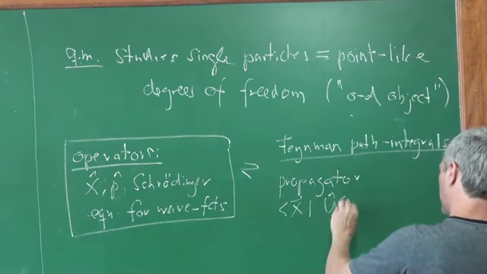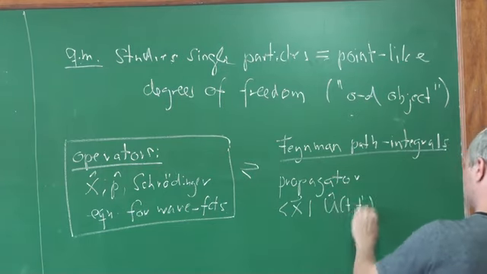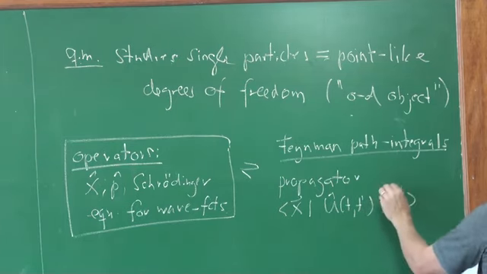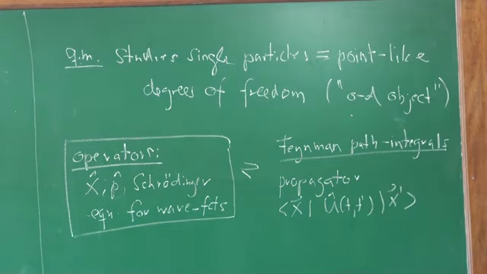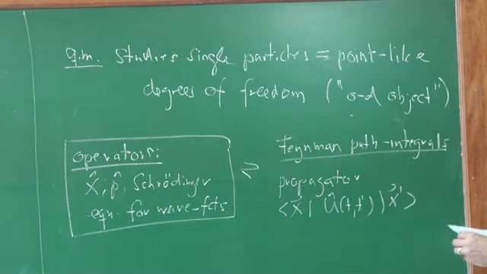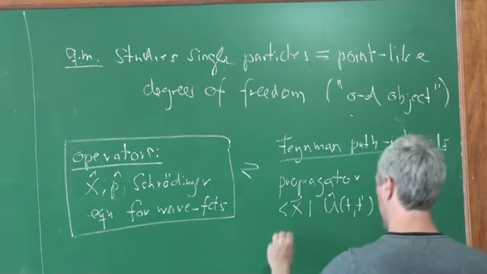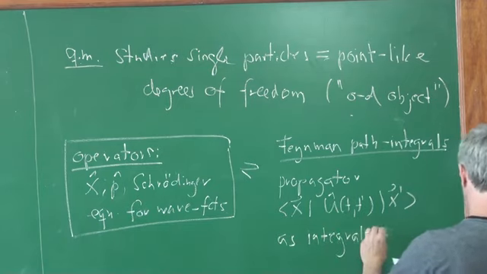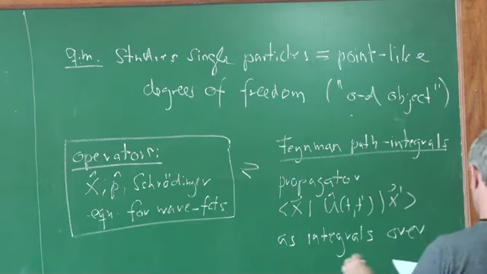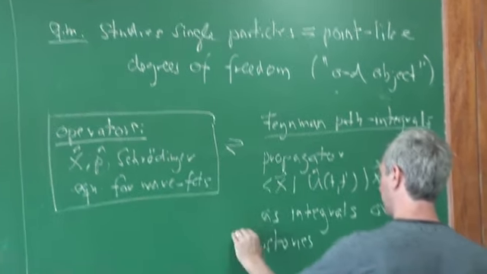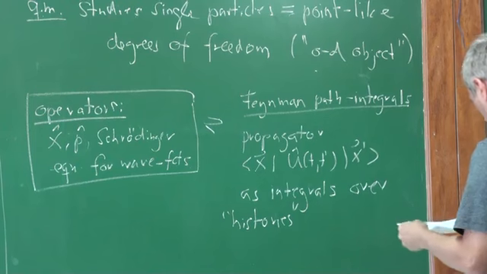You have the time evolution operator, which tells you how the system evolves from some time t prime to t, and you may consider matrix elements in the X representation of this object. The Feynman path integral constructs the propagator, or matrix elements of the propagator, as integrals over histories. This is just very superficial to give you some idea. We'll come back to this in detail.